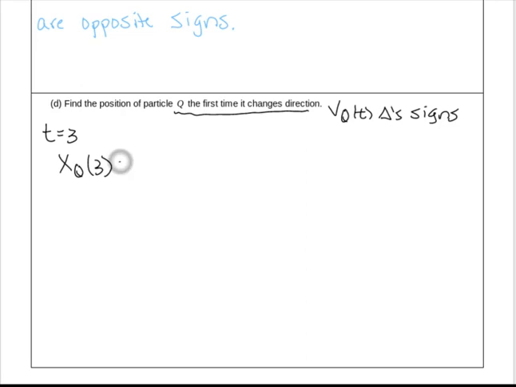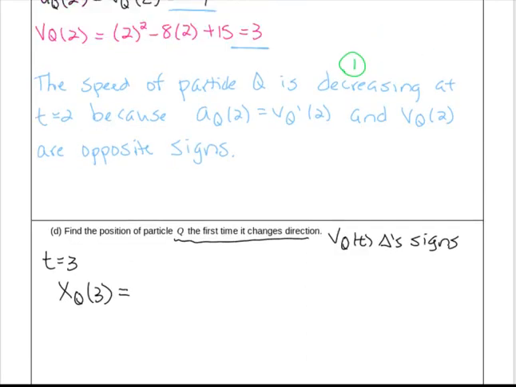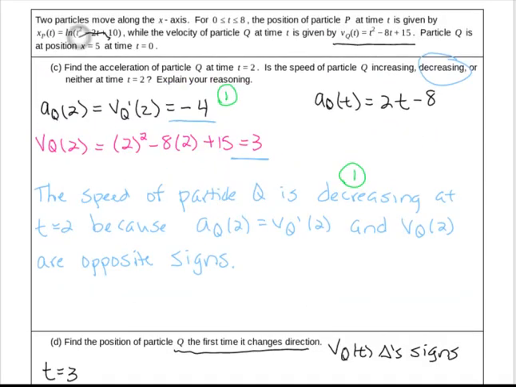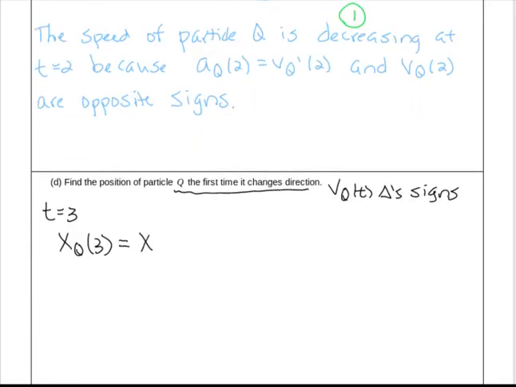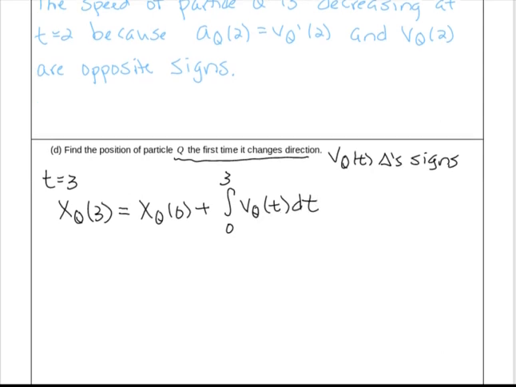To do that, I need to use the initial condition they gave me, which is x equals 5 at t equals 0. So I'm going to do xq of 0 plus the integral from 0 to 3 of my velocity function. Remember, position is the initial plus the integral of velocity.